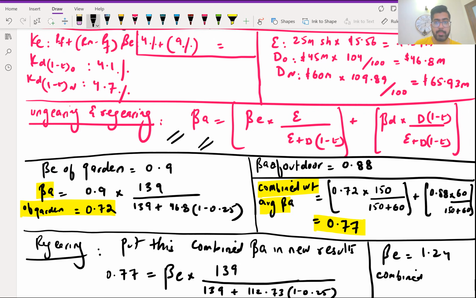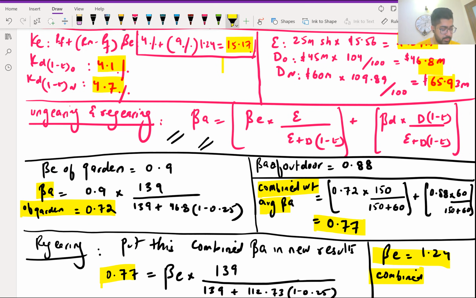I will say this is combined beta equity. Why? Because I used combined beta asset, so I got combined beta equity 1.24. This reflects both units. I can put it in KRF plus RM minus RF into combined beta equity 1.24, which gives 15.17%. I've got all 6 things. Now I have to just put it in the WACC equation above to get the WACC following new bonds are issued.